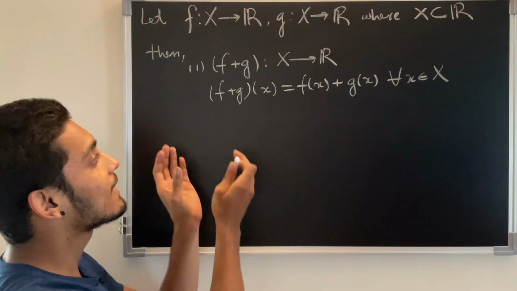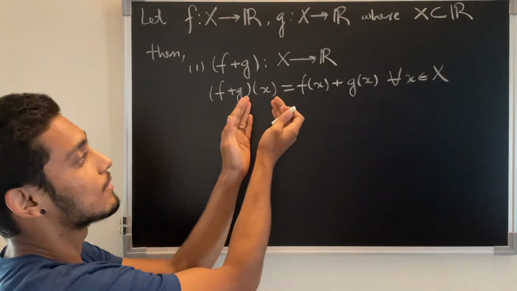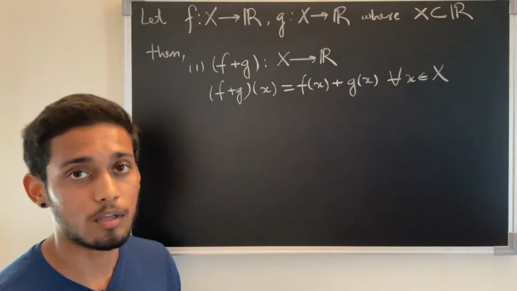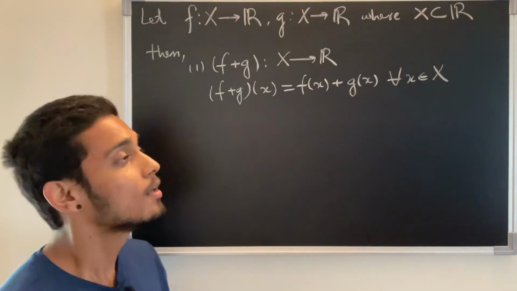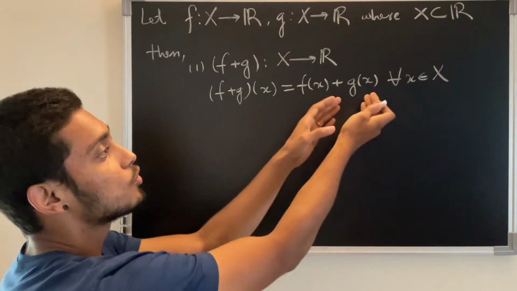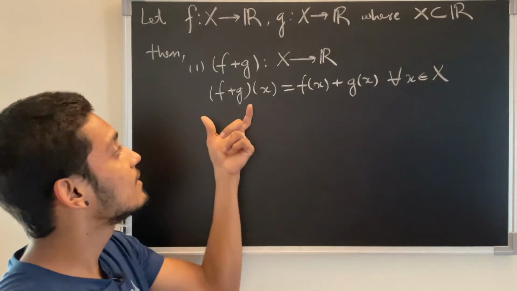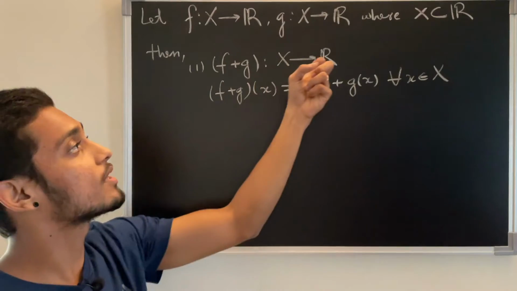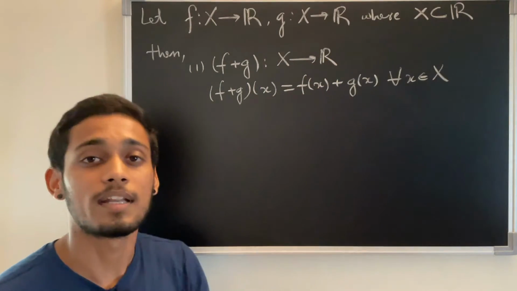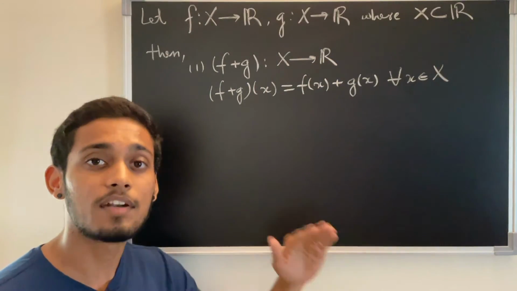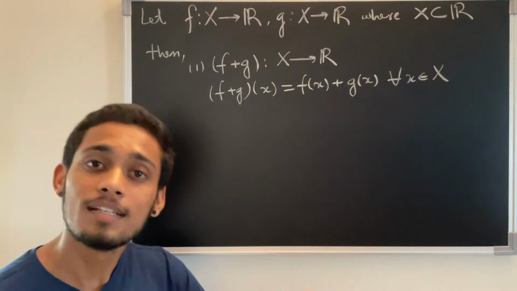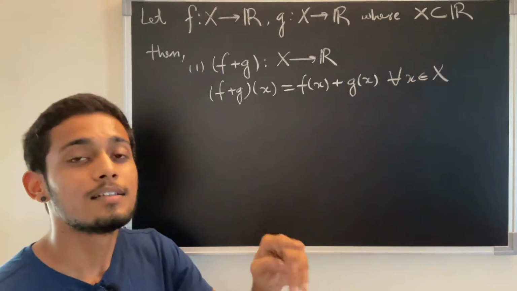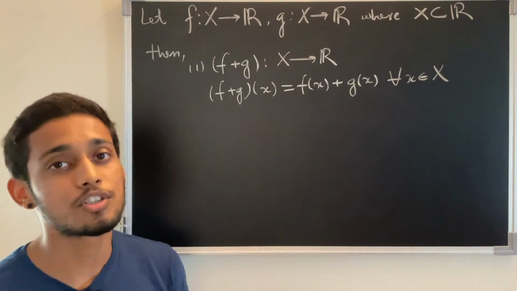So don't think of it like f is getting operated with x. It's not like the distributive law at all. It doesn't mean that at all. What it means is if these two functions are real valued, then the sum of those functions is also a function which is taking the elements of x into R, and it satisfies this property. That's it. In the same way, it will also satisfy the difference property, the multiplicative property and the division property, but the only restriction is that the denominator should not be 0.